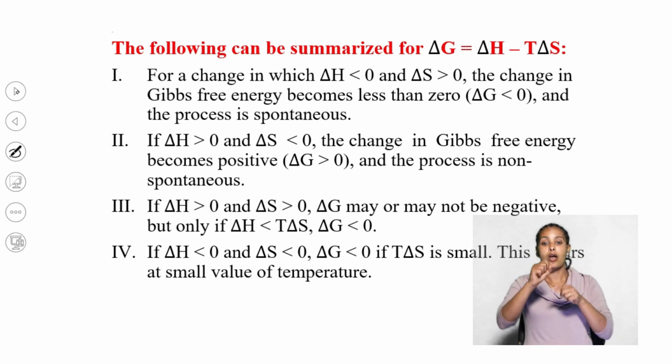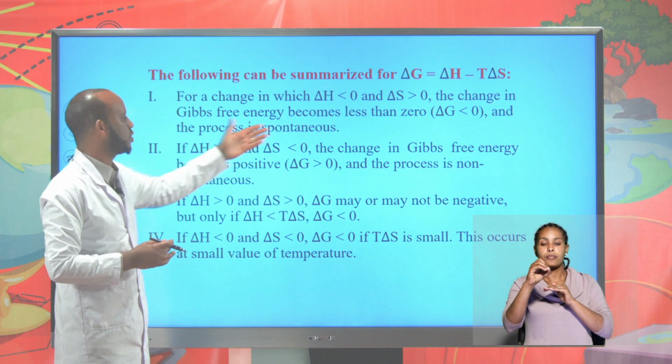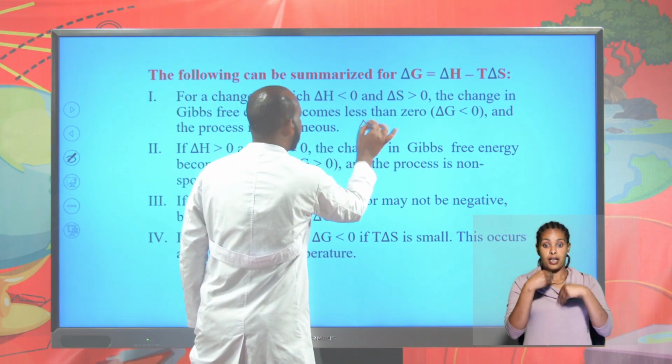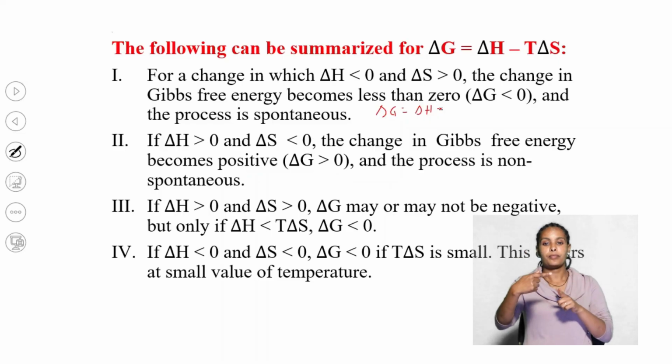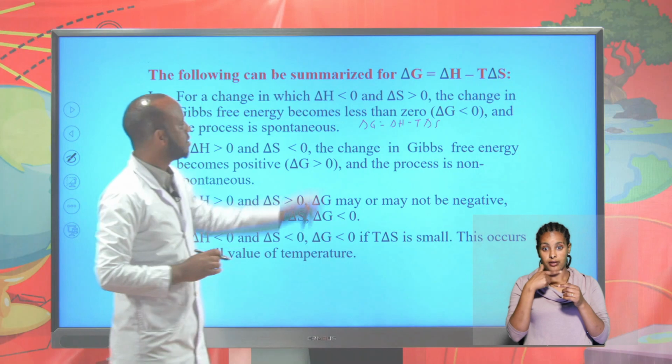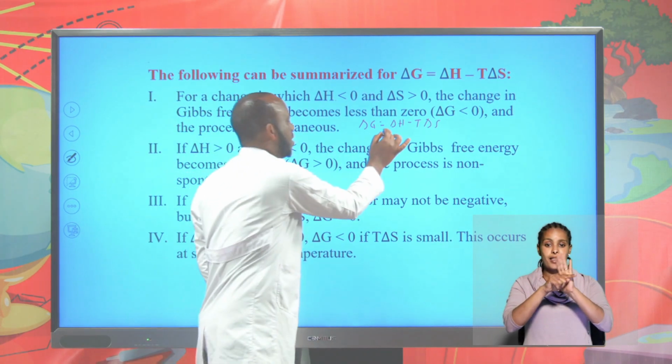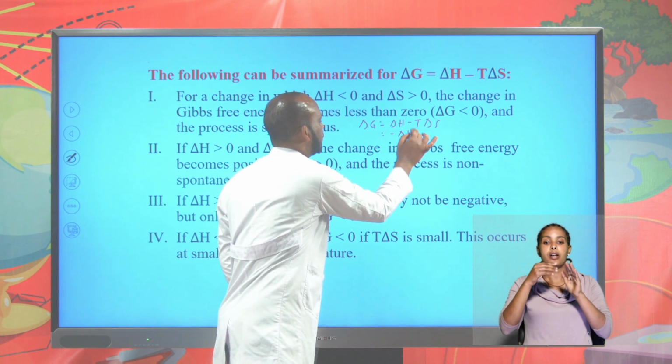1. For a change in which delta H is less than 0 and delta S is greater than 0, the Gibbs free energy change becomes less than 0. Delta G is less than 0 and the process is spontaneous. Delta H less than 0 is negative, so delta H is negative.